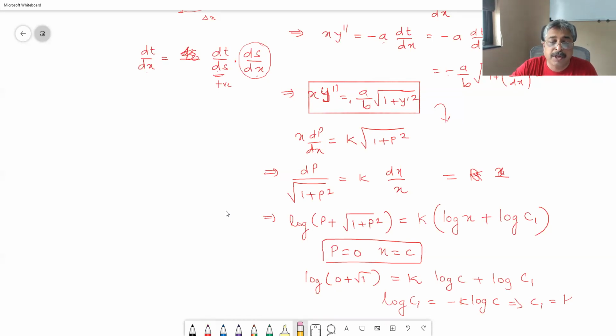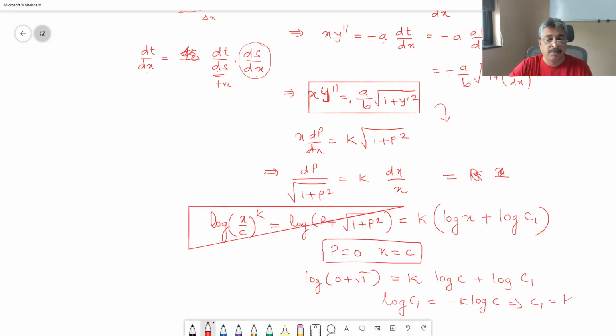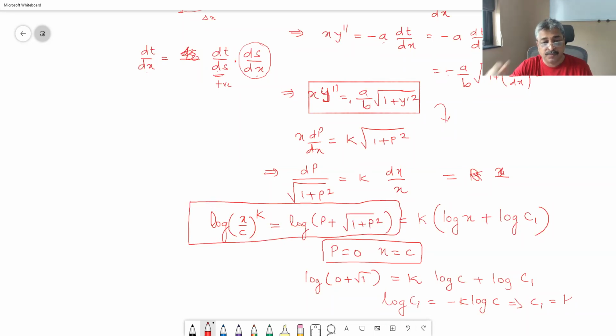Let me write down RHS after evaluating the integral, it is equal to log of x by c raised to k. C1 is now substituted. Therefore, this is your first order differential equation. That is what you have got.